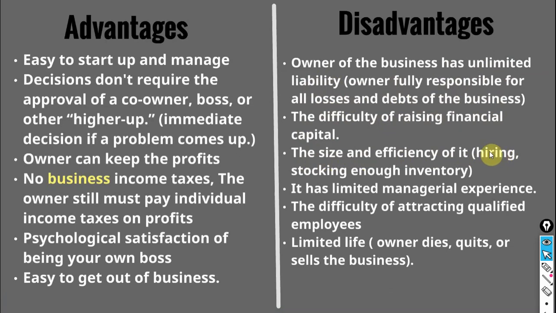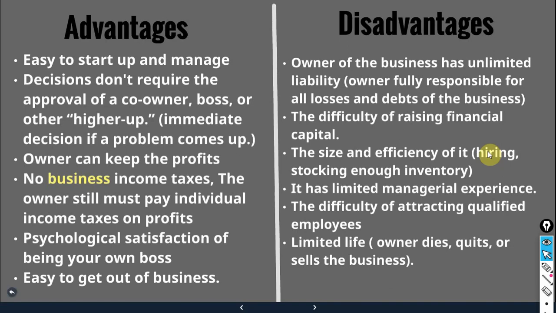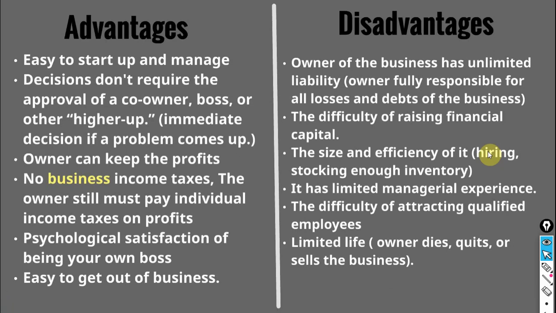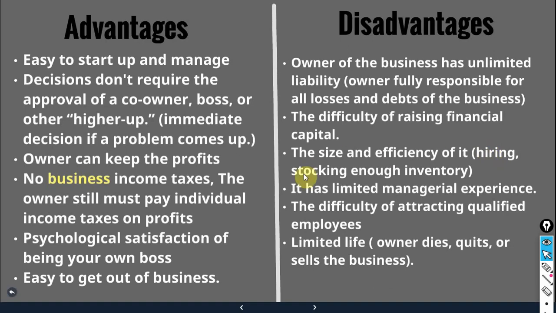You need to hire people for the first shift, and you need to hire another employee for the second shift. Even stocking enough inventory. You need to always check your inventory for any stocking.